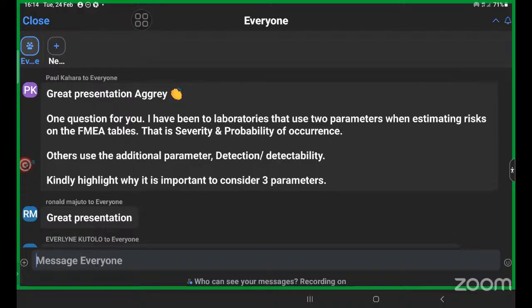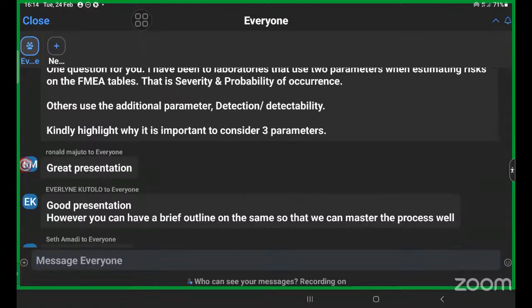The risk priority number equals severity, that is S, occurrence, that is O, and also detection. So there are three parameters in the risk priority number: one is severity, the other one is occurrence, and the other one is detection.